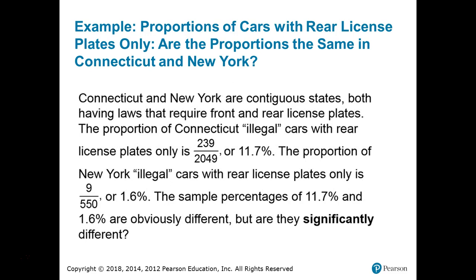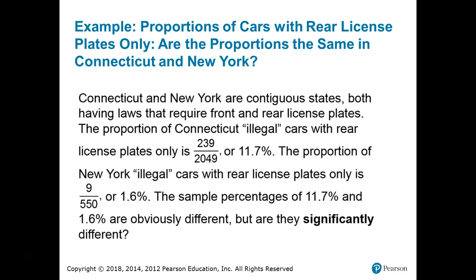Connecticut and New York are contiguous states, both having laws that require front and rear license plates. The proportion of Connecticut illegal cars with rear license plate only is 239 over 2,049, or 11.7% of the cars are illegal in the sense that they only have a rear license plate, not a front one.